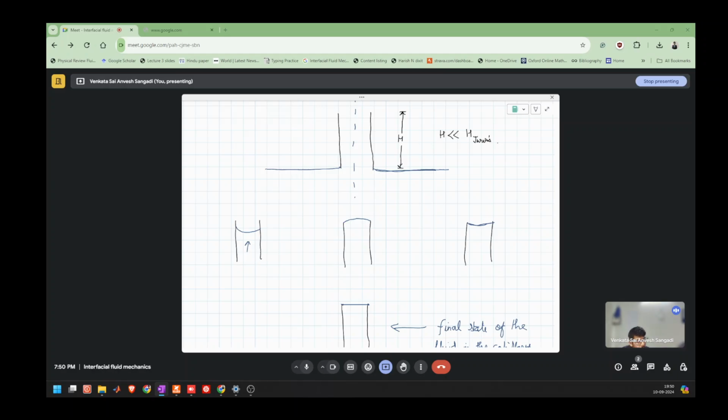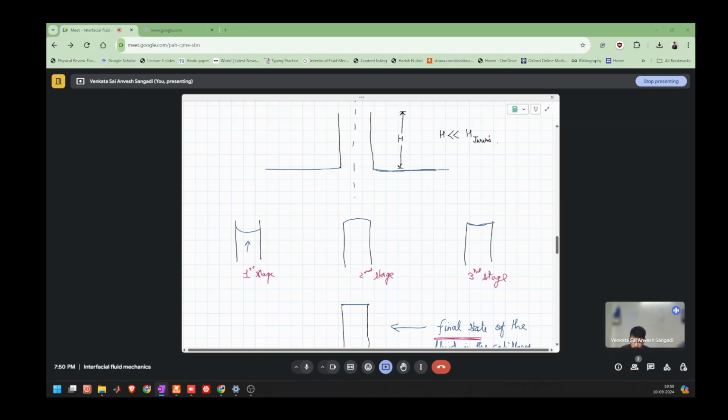And again, due to the pressure jump condition, the pressure inside the capillary tube will increase and will in turn suck in the fluid, therefore creating a depression. First stage, second stage, third stage, and then this is the final state.